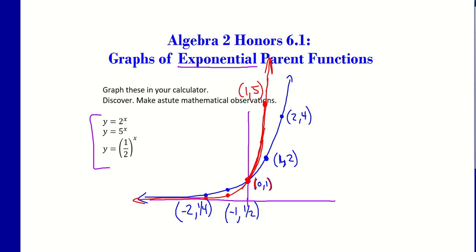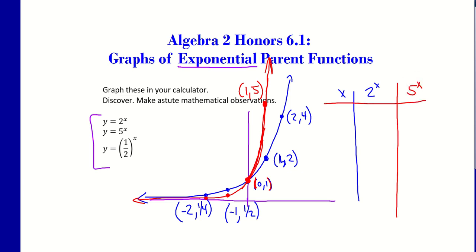In fact, I'm going to look at the table of both functions together here. I'll look at x, and then the first one, which is 2 to the x, and then the second function I've put up here, which is 5 to the x. For the x values of -2, -1, 0, 1, and 2, the function y equals 2 to the x goes through 1/4, 1/2, 1, 2, and 4.